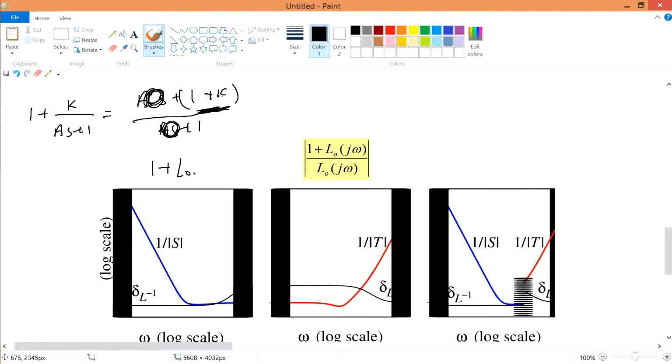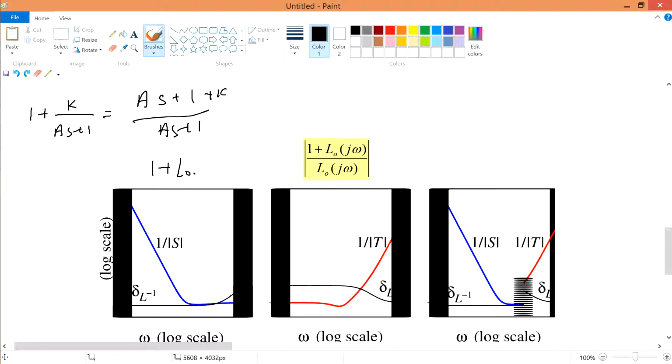So the bigger k, the bigger the slope, something like that. Therefore at the low frequency, which is this portion over here, 1 over s is actually a low pass filter, a low pass system, I would say.